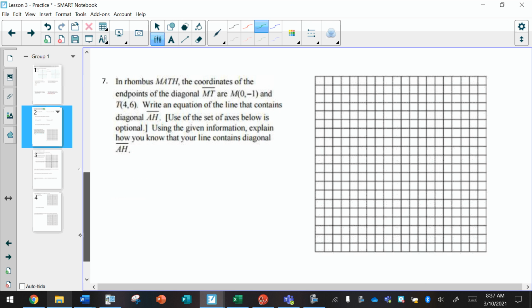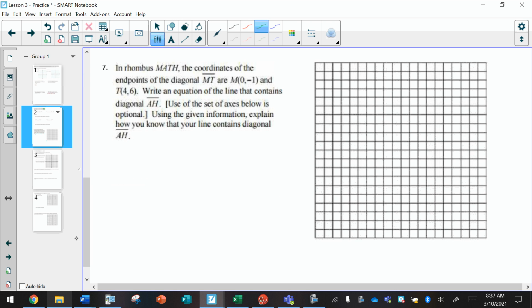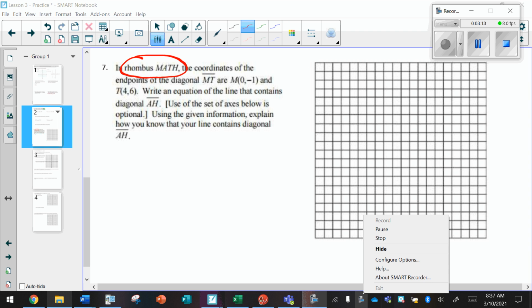Then, given one of the diagonals of a rhombus, it says right here, you're going to have a rhombus, M-A-T-H, but you're only given 2 out of the 4 vertices, and you're given M and T. Since you're given M and T, then you know that those are the diagonals.